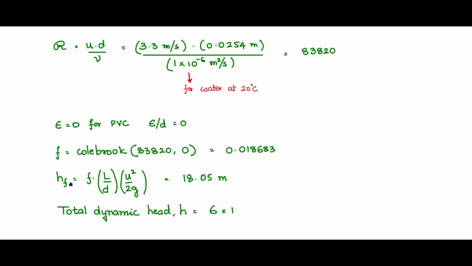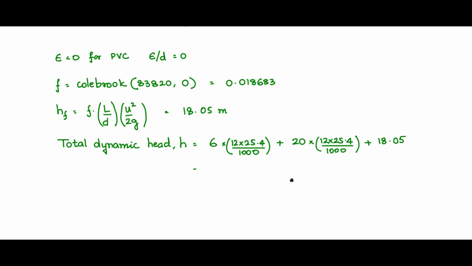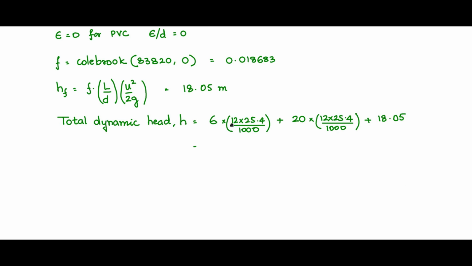This is 6 feet of suction head converted to meter using this factor, 12 into 25.4 by 1000, plus 20 feet of delivery head, 12 into 25.4 by 1000, plus 18.05 meter of the friction head loss. If we calculate this, you will see that it is around 25.97 meters, which is approximately 26 meters.